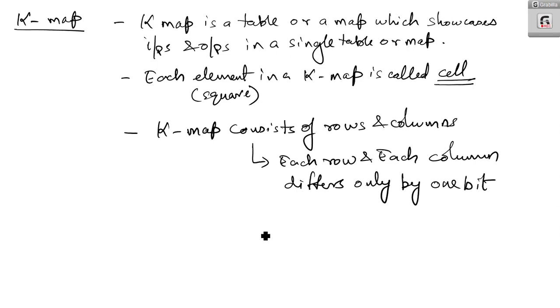That means if you are having 2 columns, these 2 columns only differ by 1 bit. Now how it is differing only by 1 bit, that I will explain shortly. So let me directly go into the 2 variable K-map.